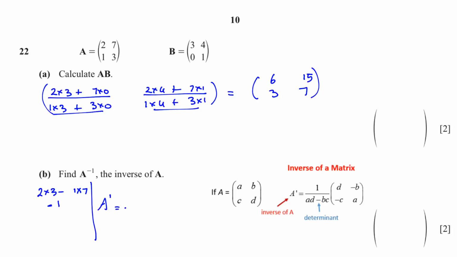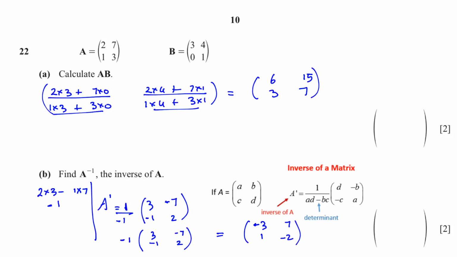So it's going to be 1 over negative 1, and we interchange the places of A and D, and we change the signs of B and C. So you have negative 1, 3, negative 1, negative 7, 2 as the inverse of A. You can leave it like that, or you can multiply the negative 1 with each term inside. You will get negative 3, 1, 7, negative 2. Both the answers are right.